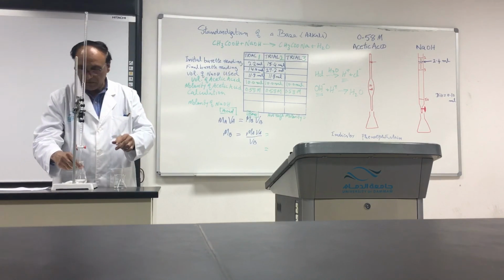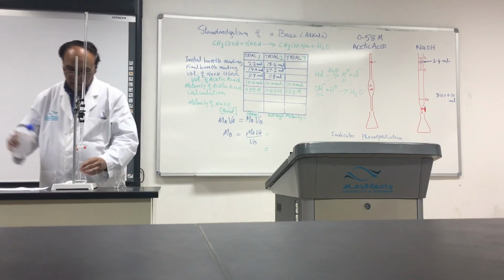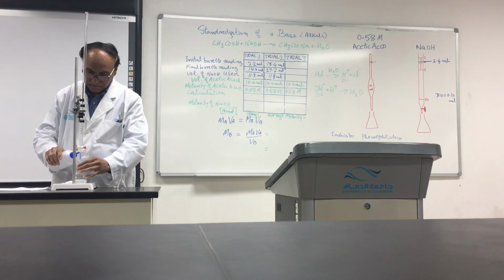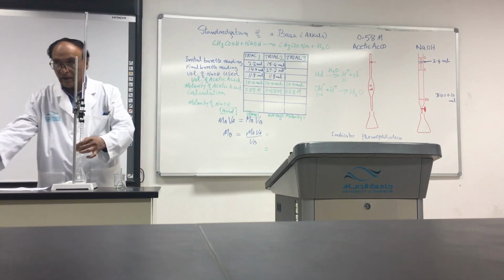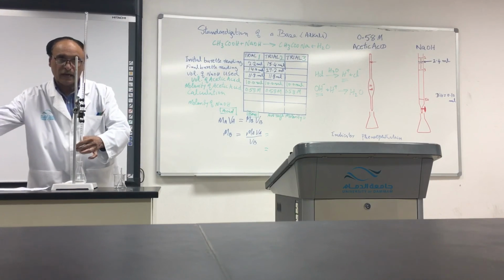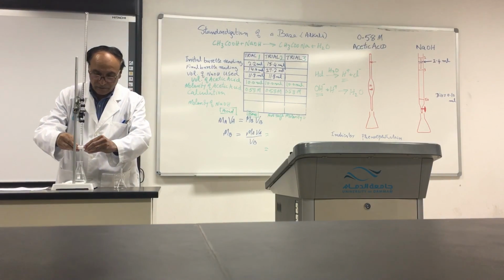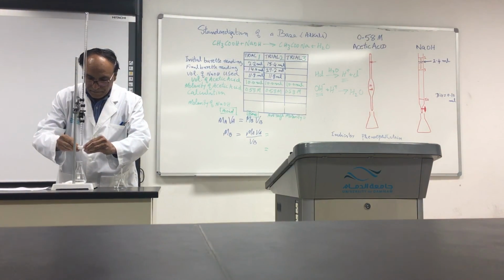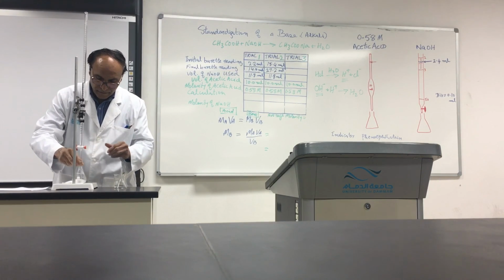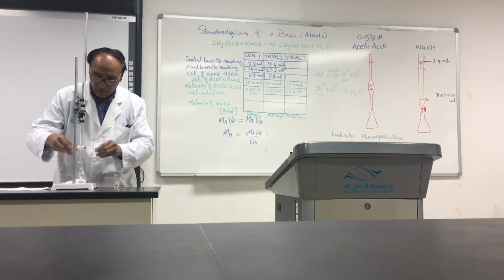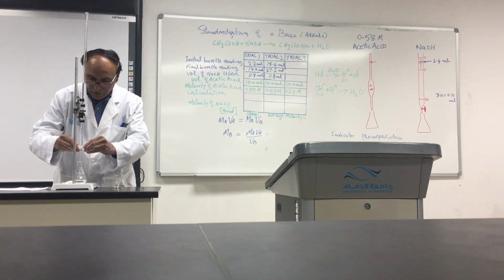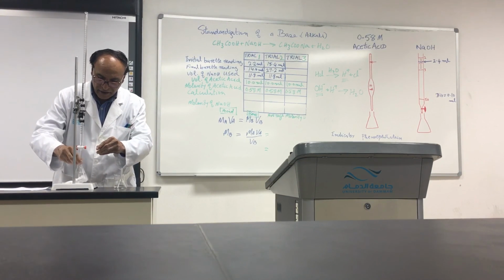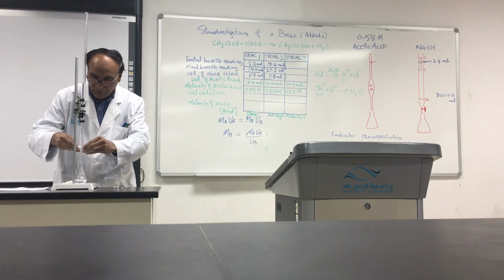If something touches the wall, I can remove it with this one. If you are not expert, you can't do it like that. Put a drop at a time, because I know any time the end point may come.